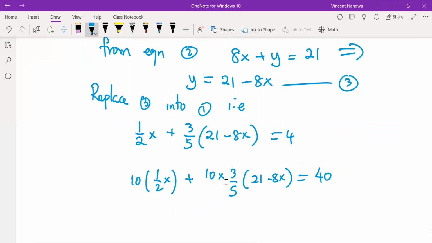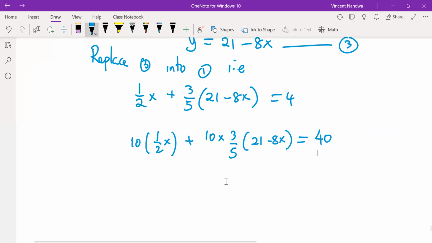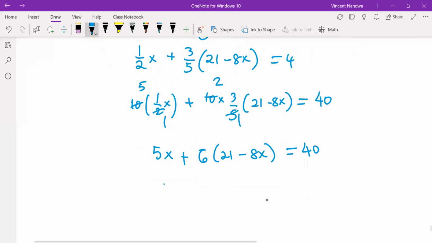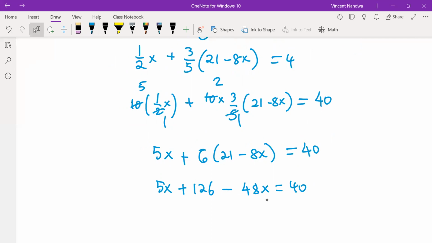I just want to work with numbers without fractions. That's why I'm multiplying by 10. So 5x plus 6 into 21 minus 8x equals 40. And so we'll have 5x plus 126 minus 48x equals 40.